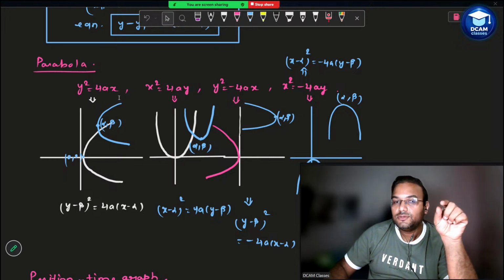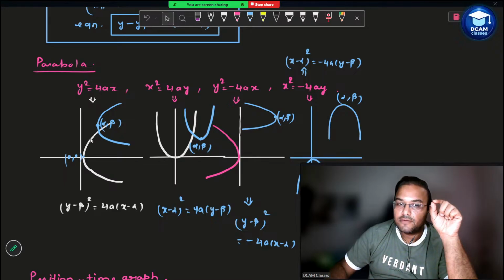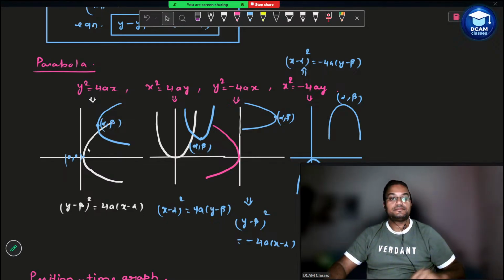Now y square is equal to 4ax is the graph, this one you know, having its vertex at 0, 0, and it is opening towards the x-axis. This you have to remember.